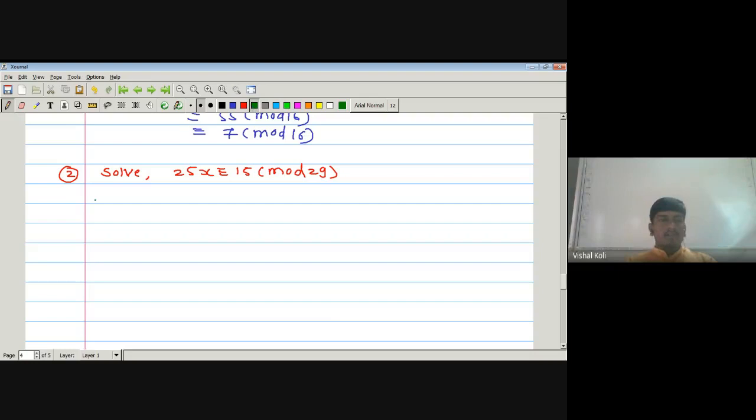Given 25x congruent to 15 modulo 29. Okay, what should be the value of 25 over modulo 29?